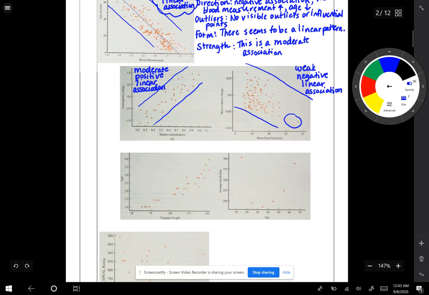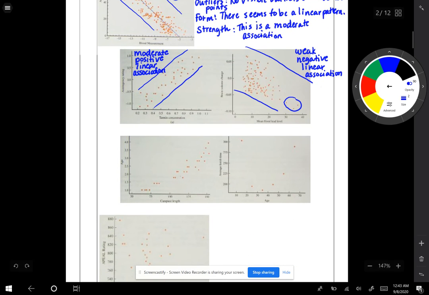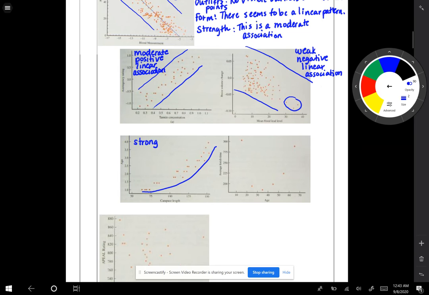Okay, the next one. Hopefully, you see that if you were to sketch something like this, you would see a curved form. The points are pretty close together, so I would consider calling this one strong. You can make a case for moderate as well, you just need to explain why.